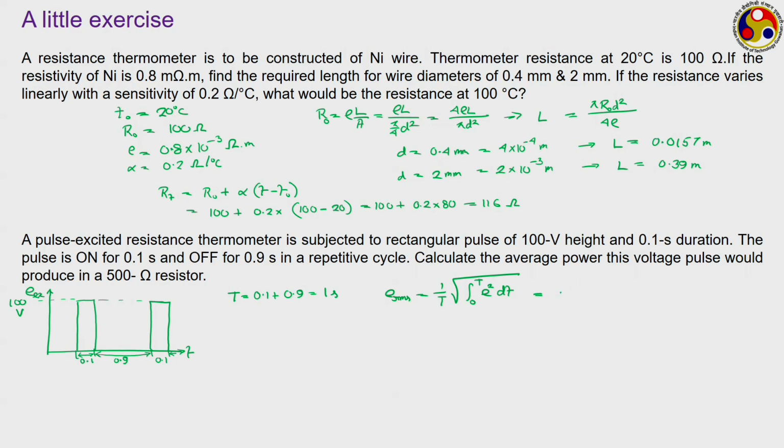Now, this integration can be divided into two parts, that is 0 to 0.1 E square dt plus 0.1 to 1 E square dt, whole to the power half. Now, for 0.1 to 1 the signal is off.